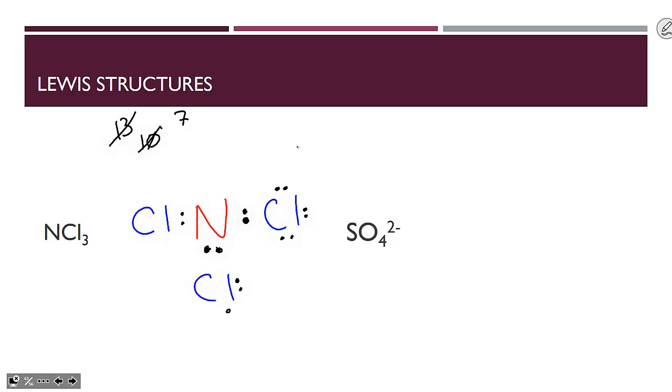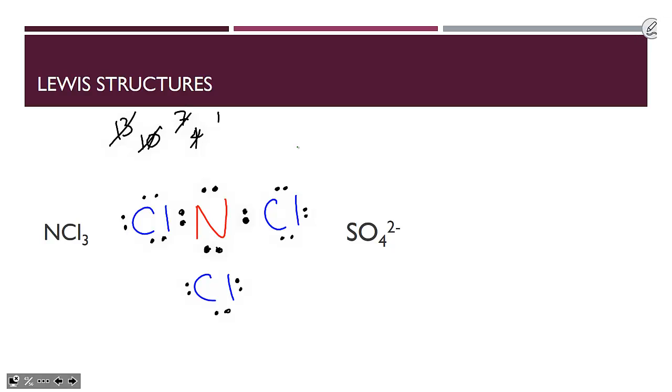So here's 4, 6, 8, using up another 3. We have 4 pairs of electrons left to work with. On the left-hand side, we already have 2. There's 4, 6, and 8. We have 1 pair left. Any pairs left go on the central atom. So for nitrogen, it's going to pick up that extra pair.